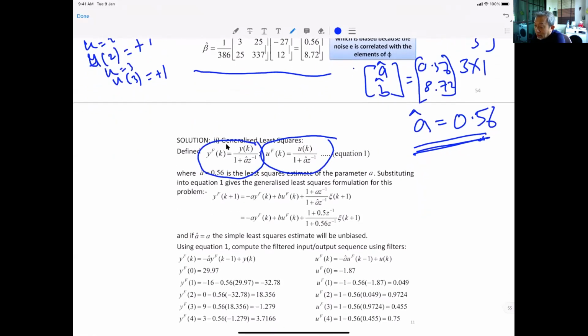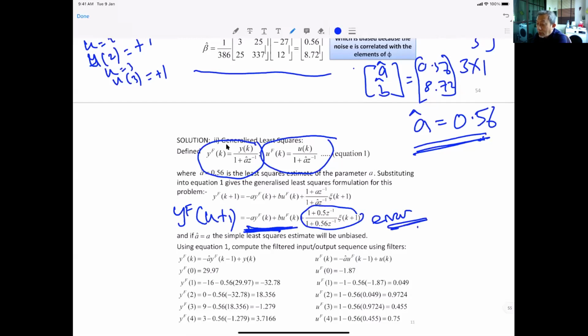The A, 0.56, the A cap, is the least square estimator of the parameter A that we have to use in the substitution in our formula, which is here: y f k plus 1 is equal to minus A y filtered plus B u filtered, and the error part to compensate the value.